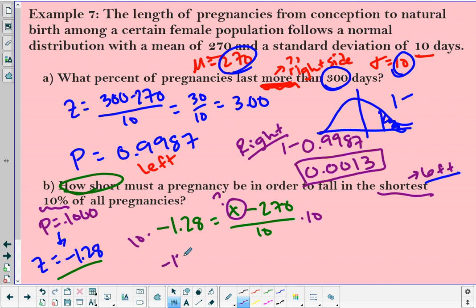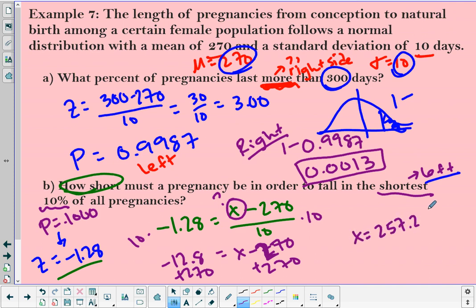I get negative 12.8 is equal to x minus 270. And then I add the 270. 270 plus negative 12.8 is 257.2 days, or in other words, about 257 days.